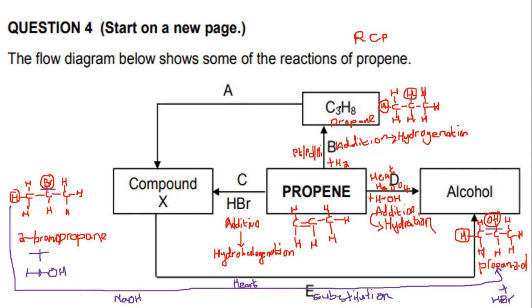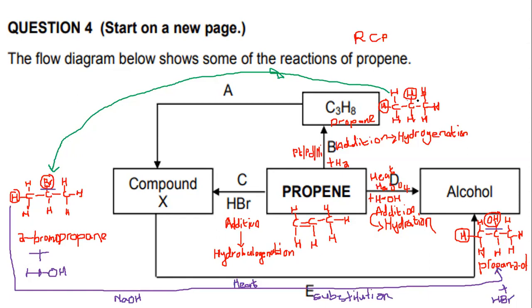So A, we are taking this molecule and this molecule is forming that one. So this is an alkane that is reacting and it is forming a haloalkane. Transformation for reaction A from this to that.